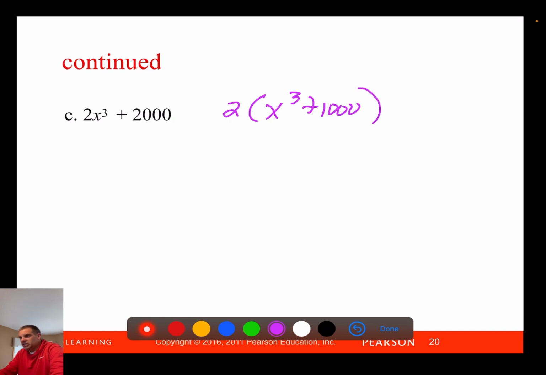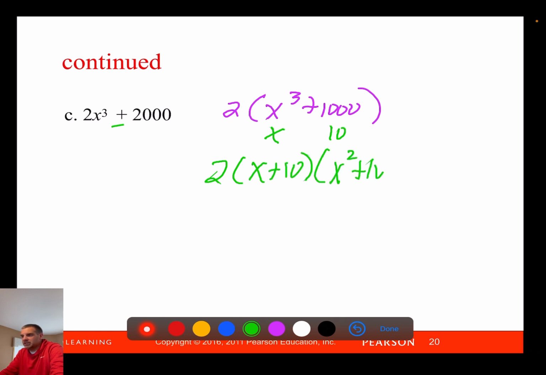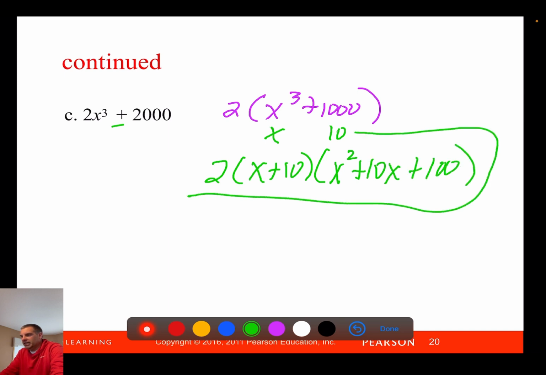So take out that GCF, the cubed root of x cubed is x, the cubed root of 1,000 is 10, so you get 2, it's a plus sign, so x plus 10, and then x squared minus 10x plus 100. Okay, so make sure you take that GCF out first, always, in any of these that you do.